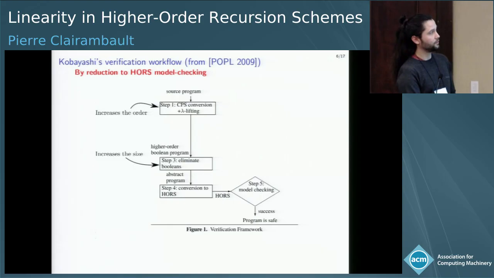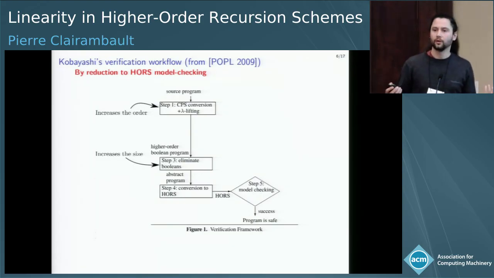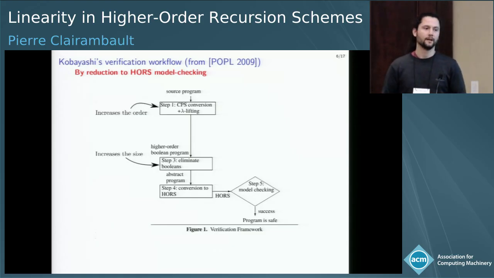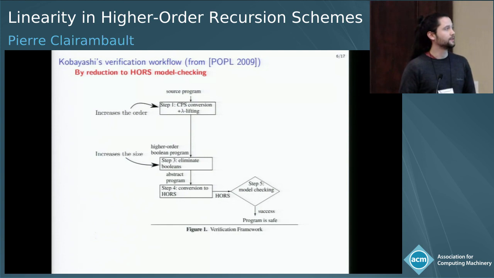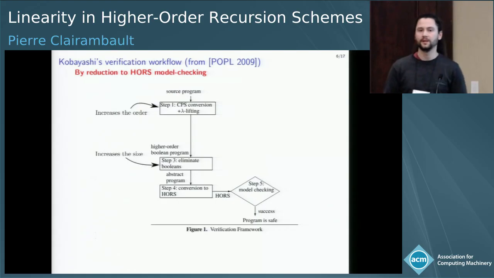And if you look at this one first, they describe a way to eliminate booleans from that kind of programs, but it increases the size of the program. And so that's not very good if you're interested in efficiency. And Kobayashi says in the paper that it would be nice to have a version of higher order recursion schemes that can deal explicitly with these data types to be able to avoid that.